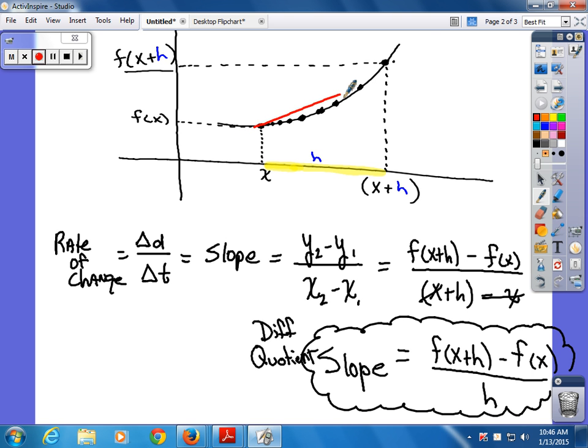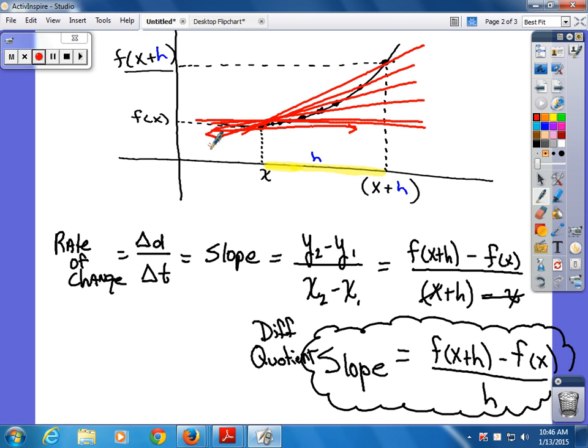Right here we still have a secant line. Here we still have a secant line, and here, and here. What happens when that point is right about there? Then you have what's called a tangent line.